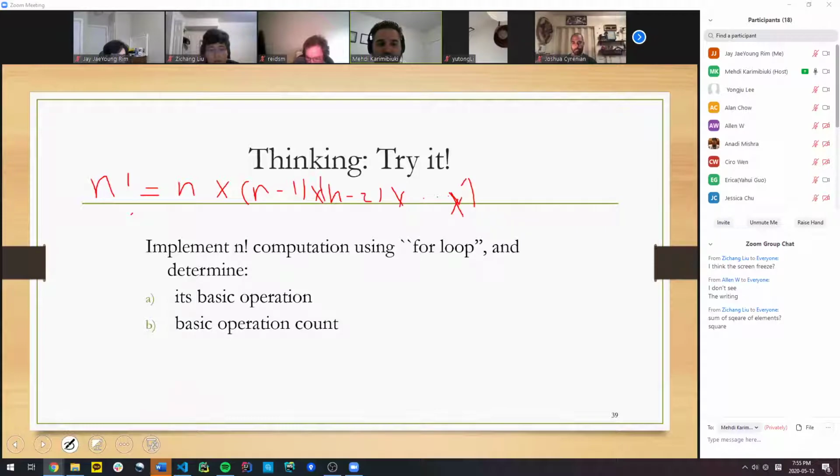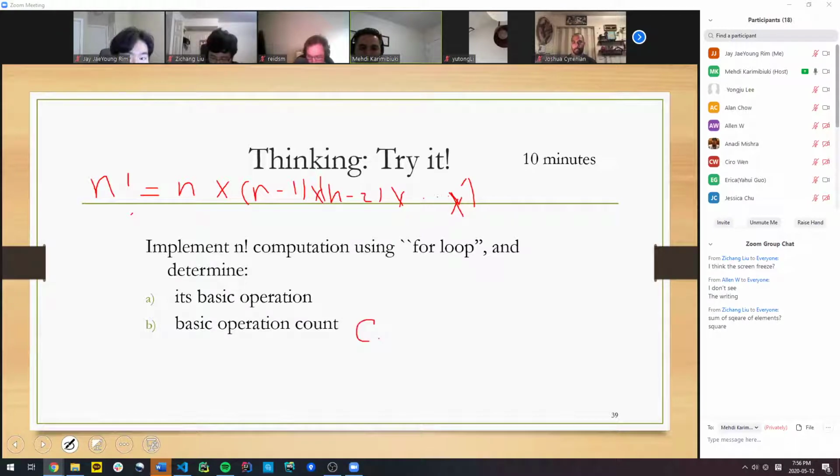Using a for loop, determine its basic operation. This is an in-class exercise. I want you guys to spend 10 minutes here to use an iterative approach, use the for loop, not recursive, for n factorial, and determine what's the basic operation of it and what's the basic operation count.